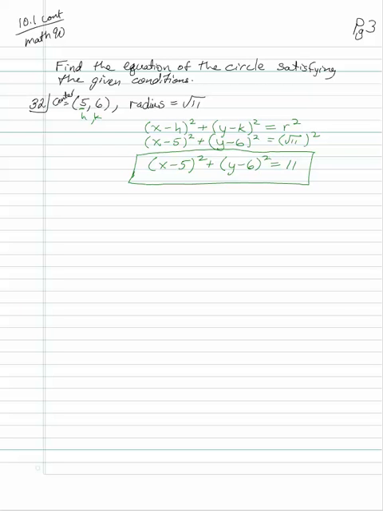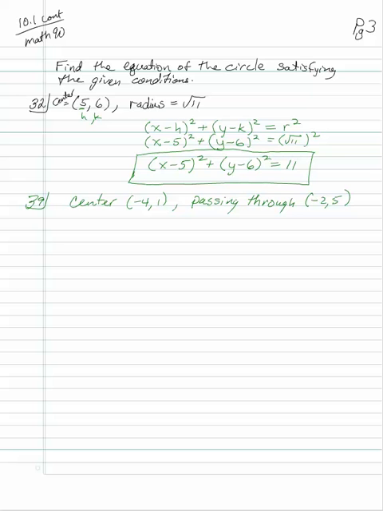Let's try one of these, like number 39. The center is (negative 4, 1), and it passes through (negative 2, 5).